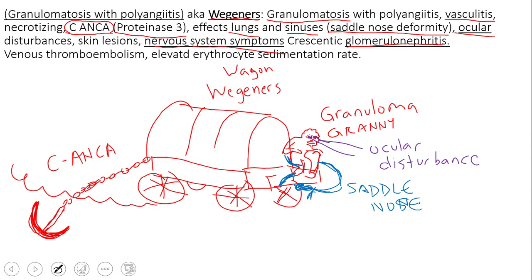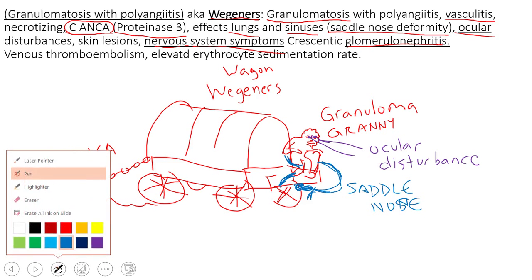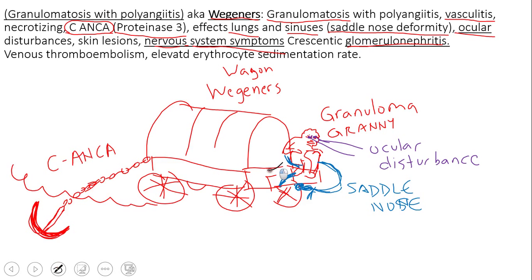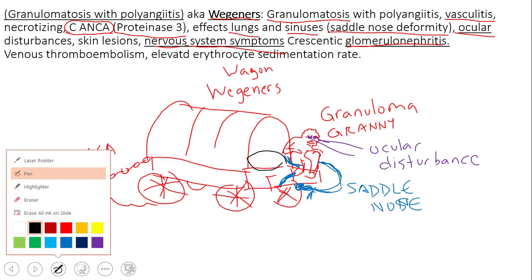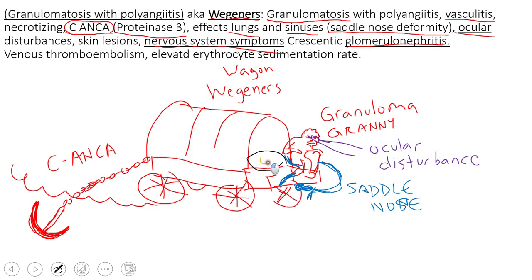Crescent. What does she have to eat? She's got a bunch of crescent rolls here. That's what she's got to eat in her little basket thingy. So crescent.